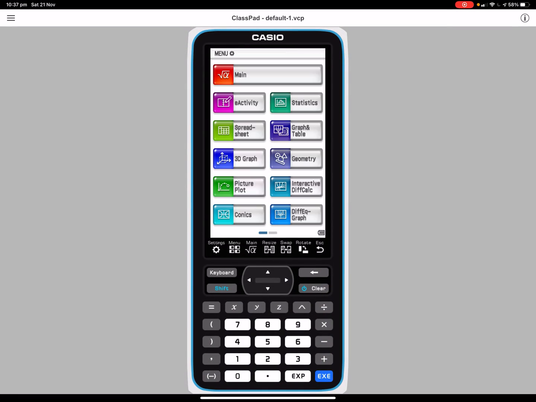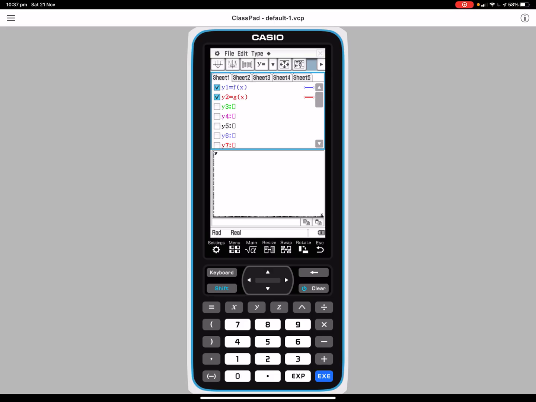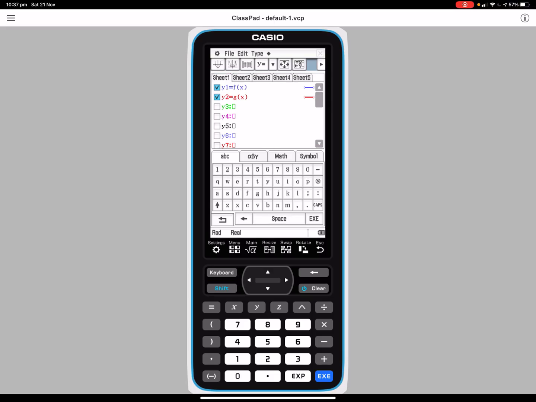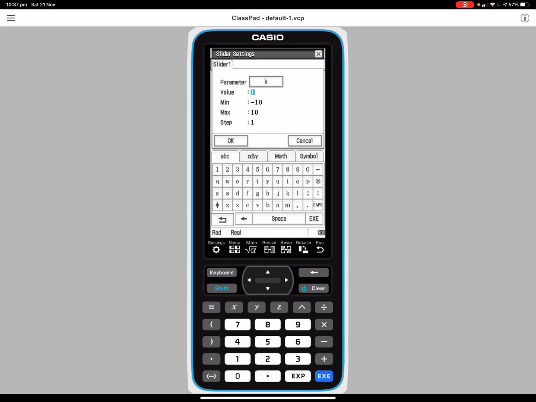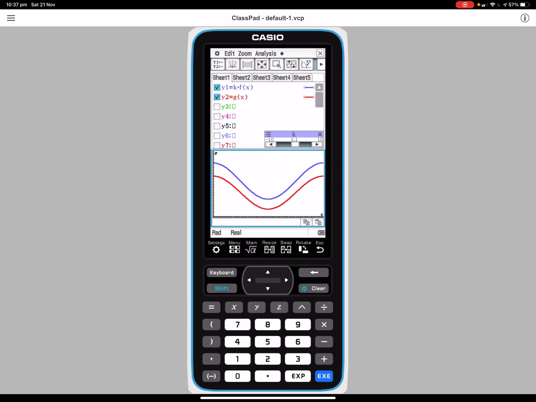Now if we have a look, if I said k times f of x, k is 2, that's too far away, k is 1 is there. If I make it go up by 0.1, that's 1.1. So you can see it's getting further and further away.